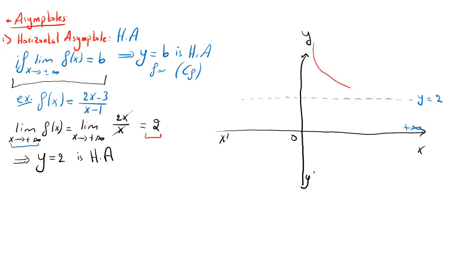It will stay reaching 2 but without cutting it. Here we have limit as x tends to plus infinity, the answer is 2. And if it is an increasing function, it will reach 2 from below. For example, in this case, it will stay very close to line y equal to 2.